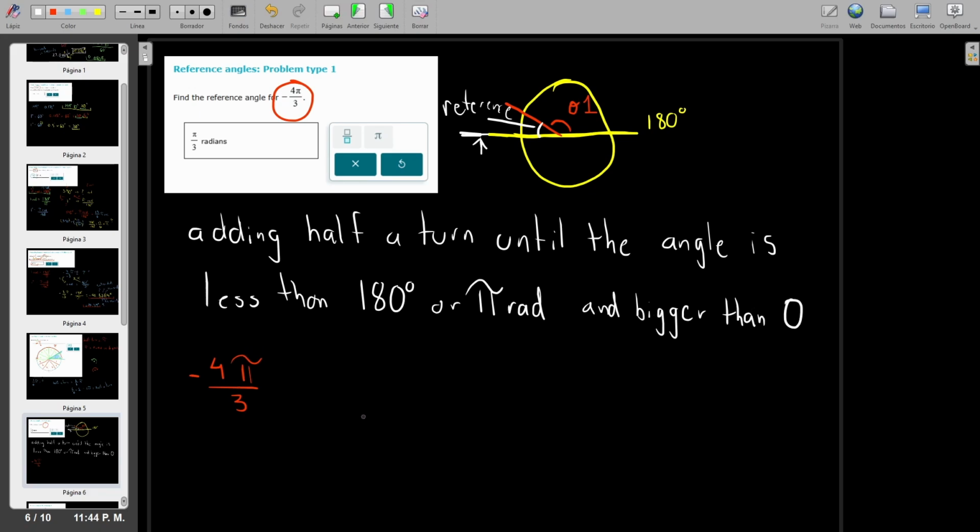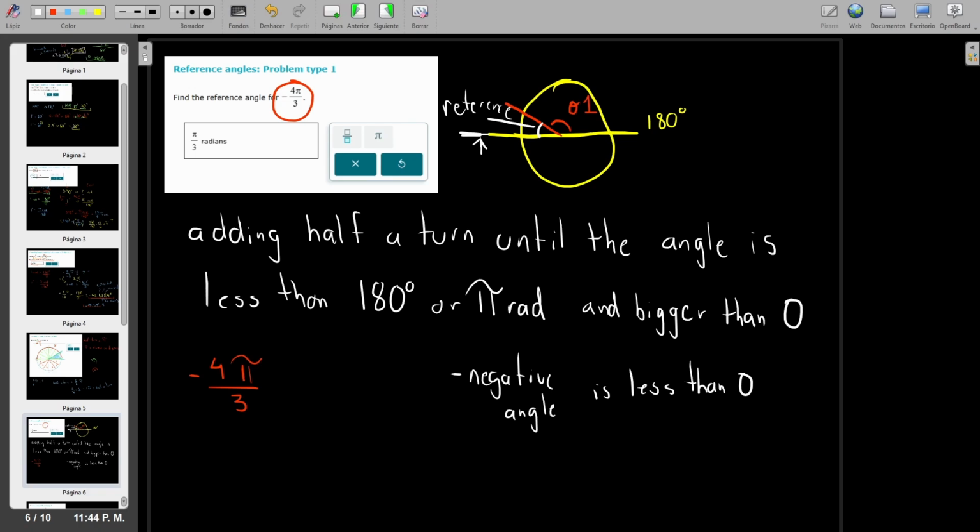In this case, as it is negative, a negative angle is less than 0. So we need to add half a turn each time until we reach this condition: less than 180 but bigger than 0.